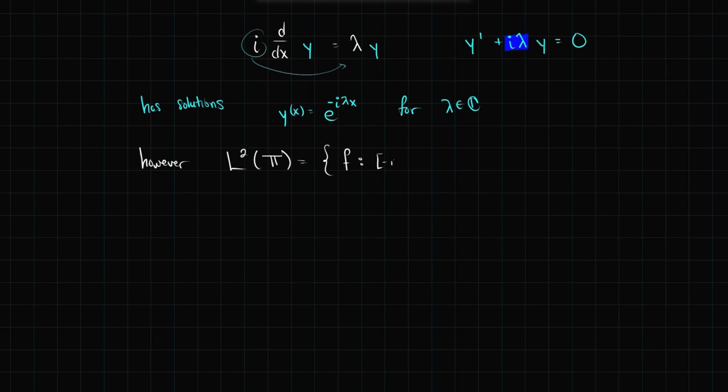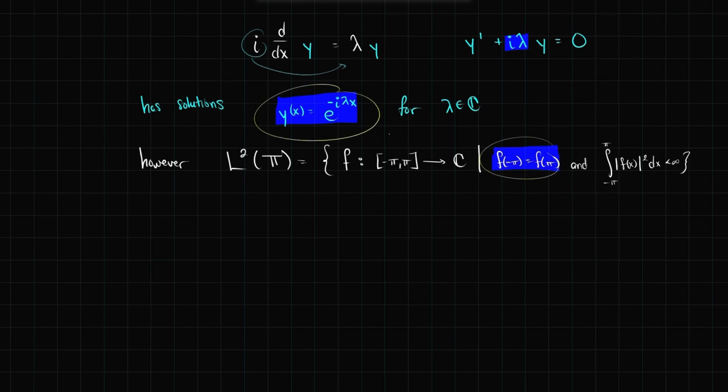It's from negative pi to pi, and it outputs to C, but I have some restrictions. I have to be equal to myself on either side, at both negative pi and positive pi, and I need to be square integrable. The square integrability condition is not too terribly strong, so we won't worry about that condition. But let's check for which values of lambda this is satisfied.